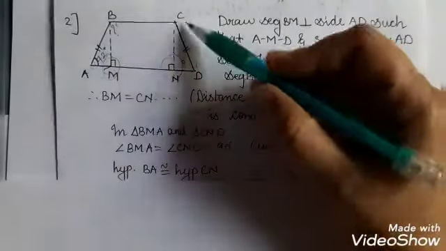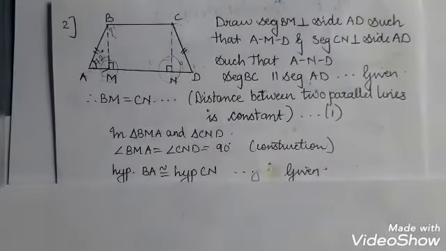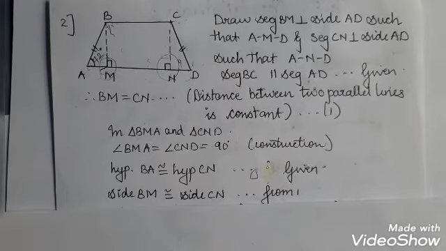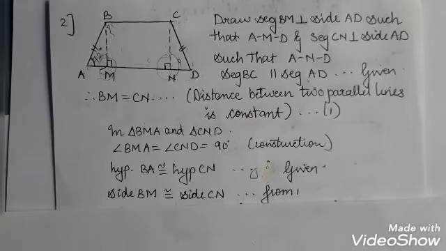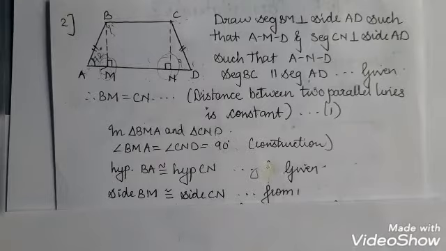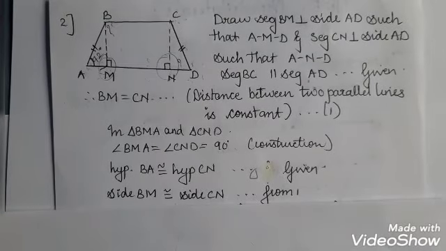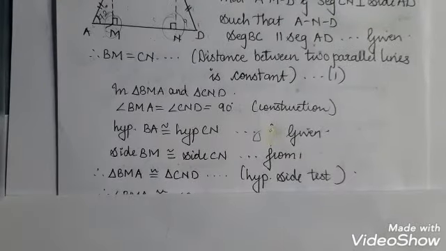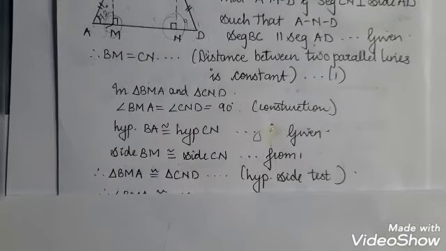Next, BA and CD are the hypotenuse which are also congruent. Okay, that is already given to us. And the last is side BM is congruent to side CN. Okay, that I got from equation 1. So the two triangles are congruent by hypotenuse side test. Okay. So now I get the two triangles congruent.